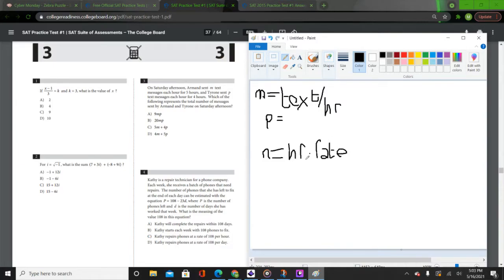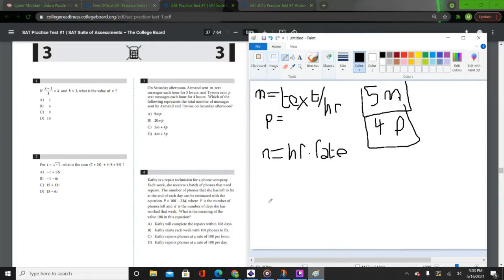So for Armin, he sent M text per hour for 5 hours. And for Tyrone, he sent P text per hour for 4 hours. So 5M and 4P.